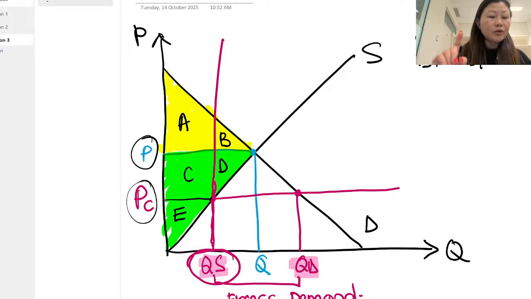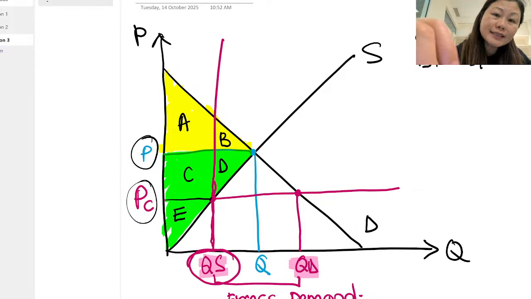Now, I'm going to go back and talk about something that we mentioned earlier. Remember, we talked about the rationing rule. We're implicitly now using that rationing rule assumption, where only those with the highest willingness to pay will be the ones that get the good first. It's very realistic, isn't it?